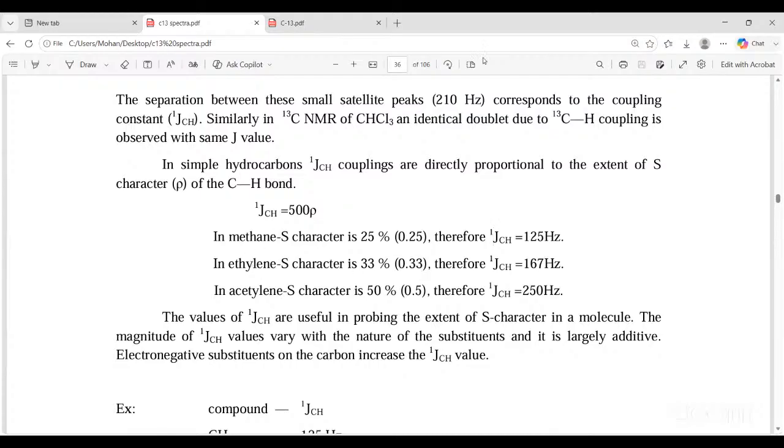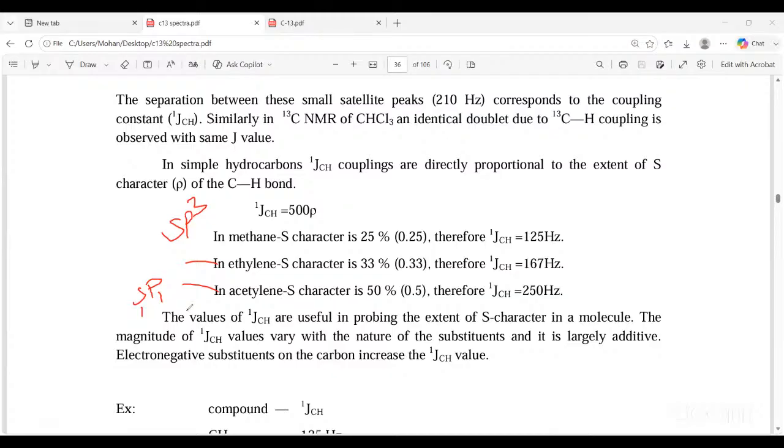So in methane, you can see sp3 hybridization, here you can see sp2, and in acetylene, you can see sp hybridization. In sp hybridization, you have 50% S character and 50% P character here.